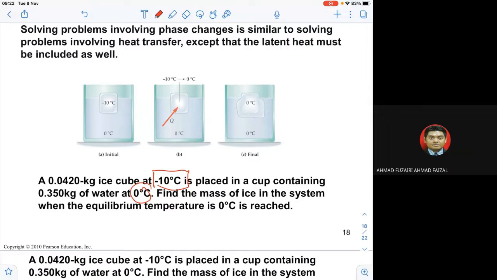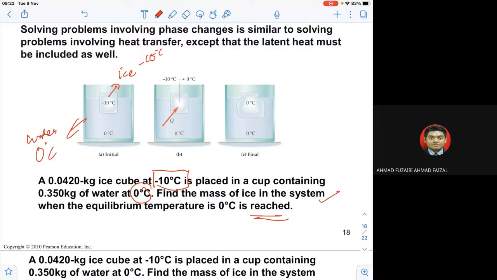Find the mass of ice in the system when the equilibrium temperature of 0 degrees Celsius is reached. So that means you can say that this one is ice at negative 10. This one is water at 0 degree Celsius.